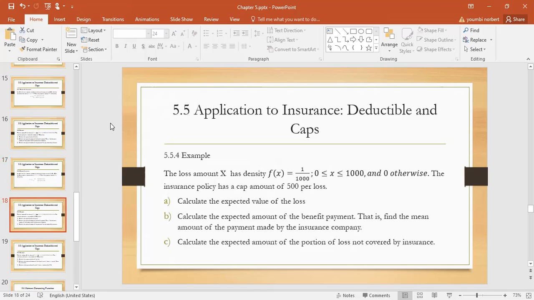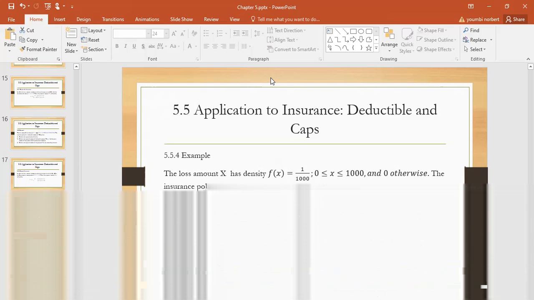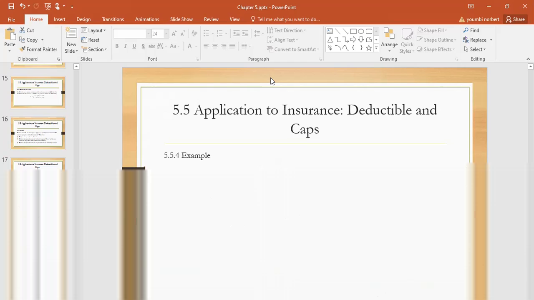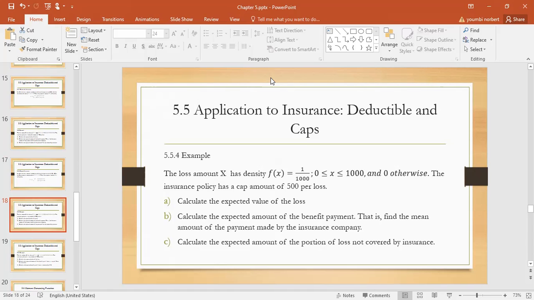Let's do this example. The loss amount X has a density function 1 over 1,000 when X is between 0 and 1,000. That is the density function that the loss amount follows.